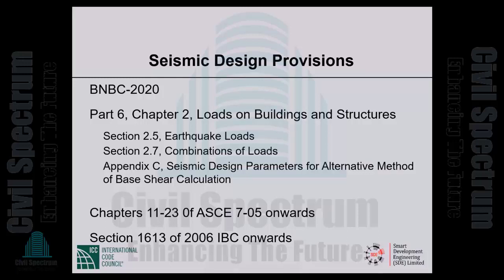Since then, they have been in chapters 11 through 23. ASCE 7 seismic design provisions are adopted by the International Building Code, and ASCE 7-05 was adopted by the 2006 edition of the International Building Code, and the seismic design provisions are in Section 1613 of that code.